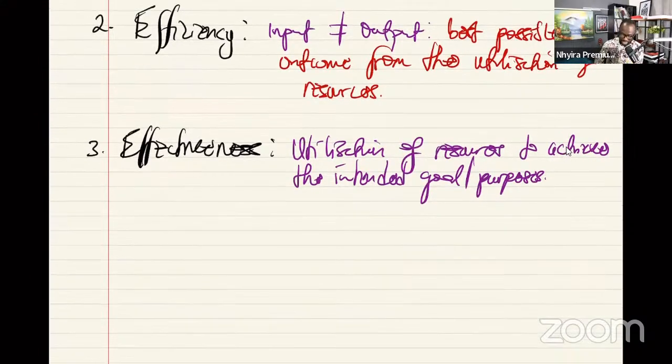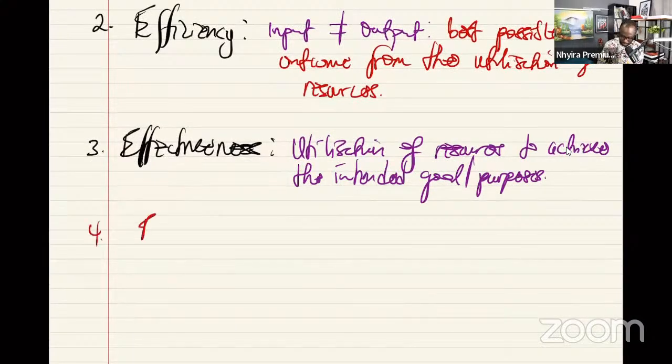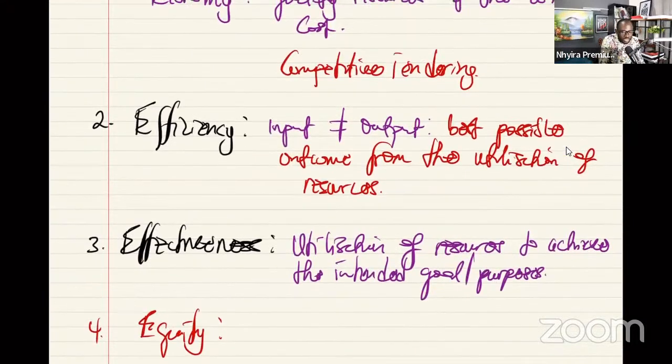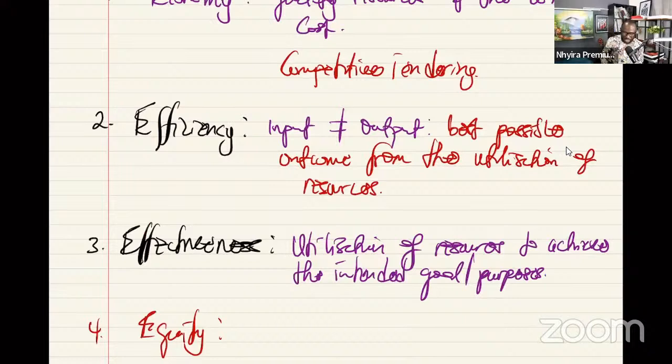Then the last one is equity. You know, every government expenditure should be equally distributed to all the beneficiaries. So if there is something that government is doing in a certain region and is doing a lot of those things in that region at the expense of other regions, no matter how cheap it is, no matter how efficient it is, no matter how effective it is, it is not equitable.